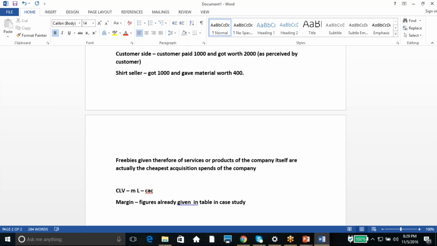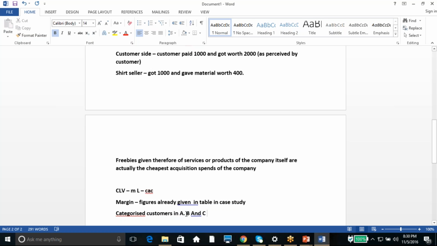As far as the case study is concerned, it has also categorized customers in A, B, and C, depending on who gives what kind of margins.